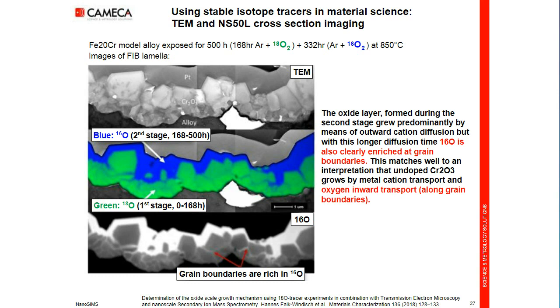So we can see with this, with the good spatial resolution and the correlative information from TEM, we can have information on the mechanism of the oxide growth along the grain boundary as here, or through the grains.